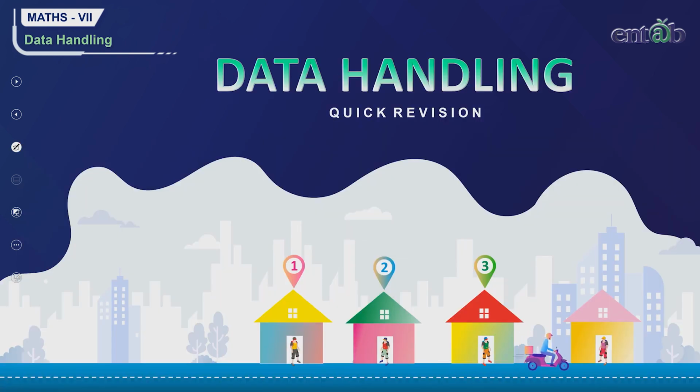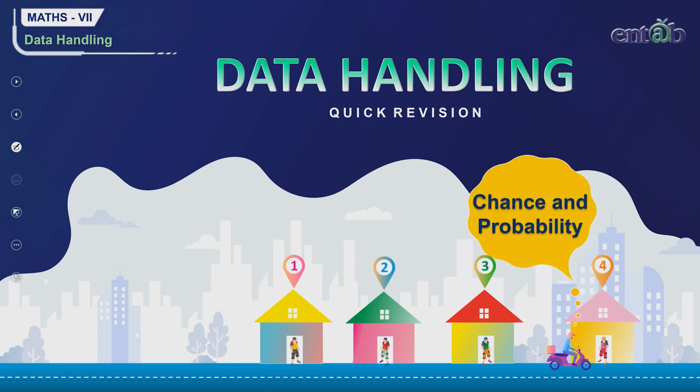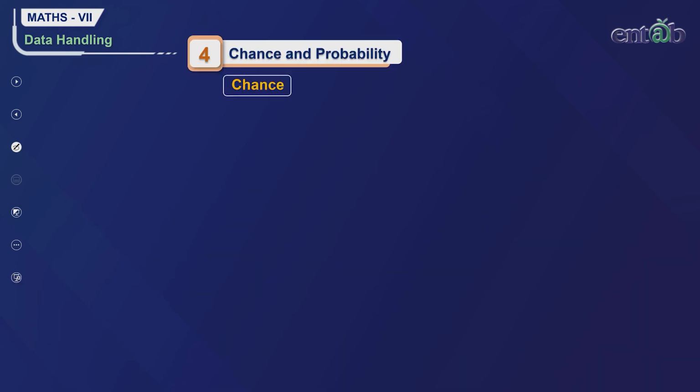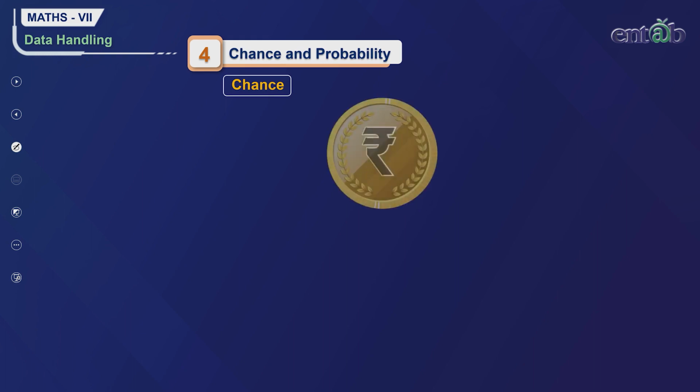Now, let's learn about chance and probability. When we flip a coin, we can get two outcomes, and we can assess those outcomes in two ways. We can find the chance as well as the probability. Chance can be described in three ways.